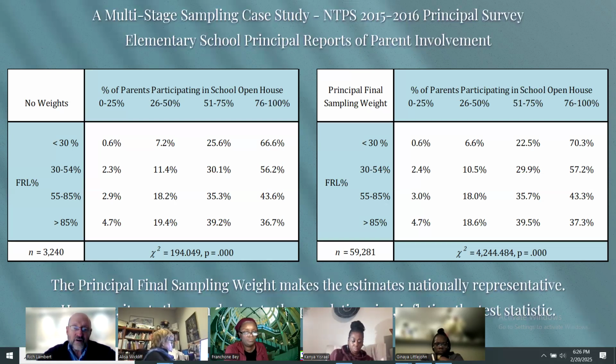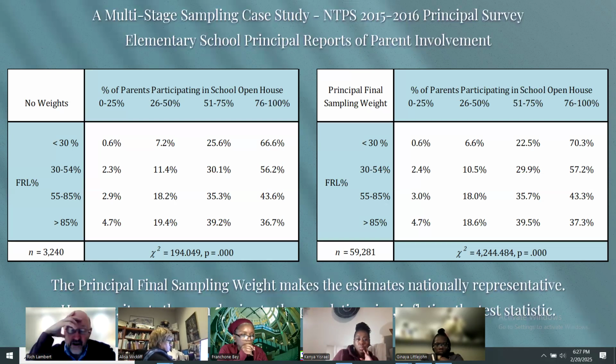So what we see here is there is a relationship between the poverty of the community and how much parent involvement there is, as reported by the principal. And this is a statistically significant relationship. But we know that the first panel on the left is based on 3,240 principals, just the straight up responses to the survey. Now, the survey is done pretty well, so it's pretty close to nationally representative, but it's not perfect.